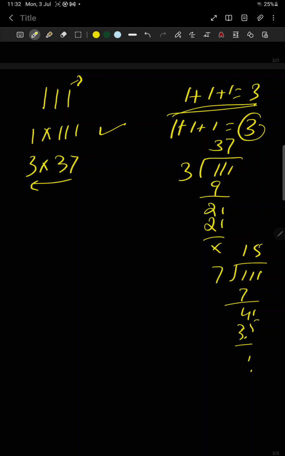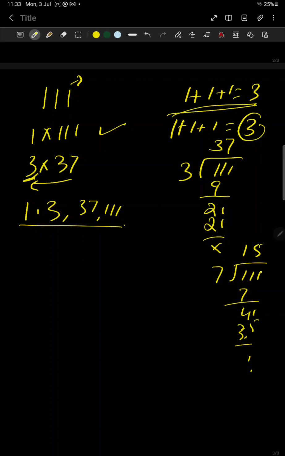If we are going to check 11, 13, 15, 17, they must be multiplied by a smaller number like 3, 4, 5, 6, and we have already checked 1 till 9. They are not coming in any table. 111 is not coming in any of the tables. So the numbers are 1, then it will be 3, it will be 37, it will be 111.